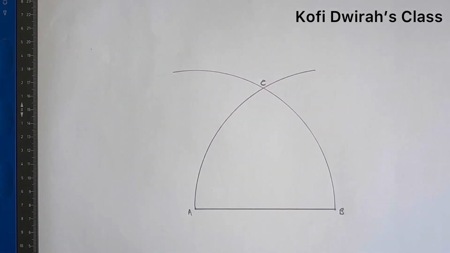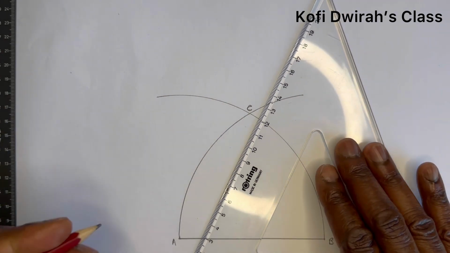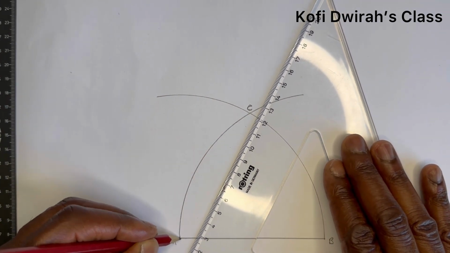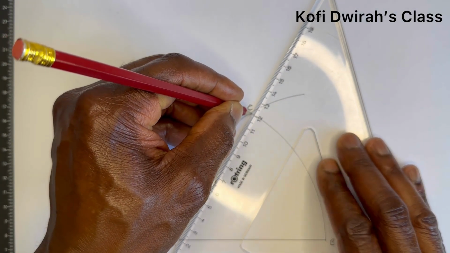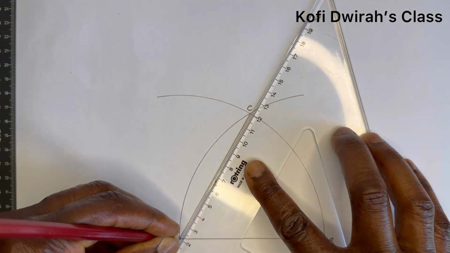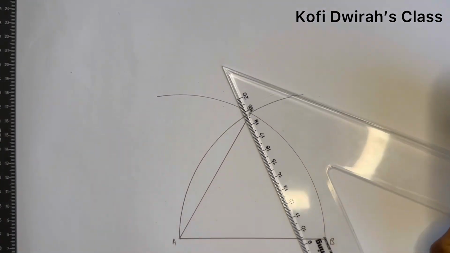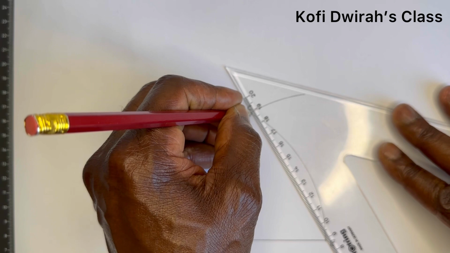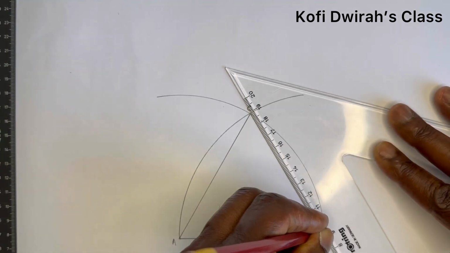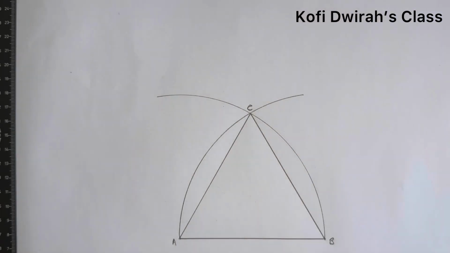Then with your set square, you draw a line from A to C. Then another line from C to B, or B to C. So now we have our triangle.